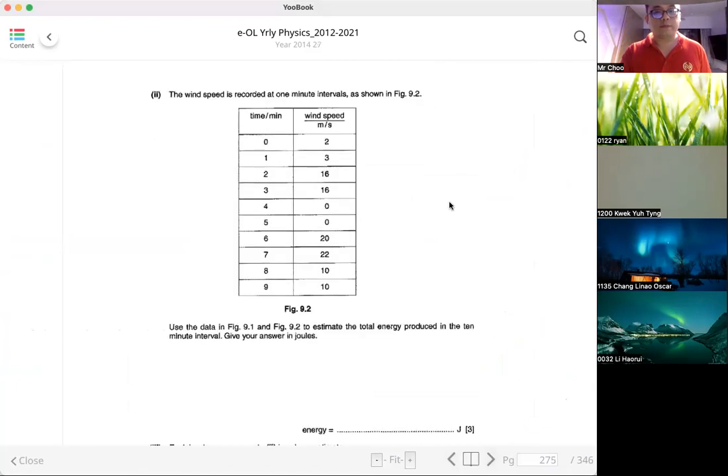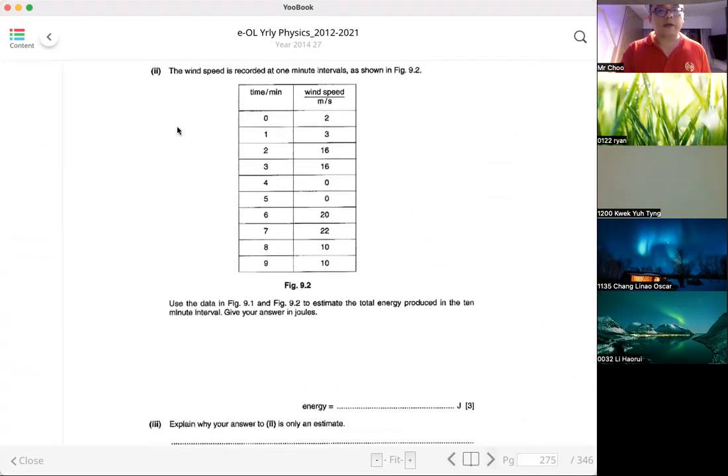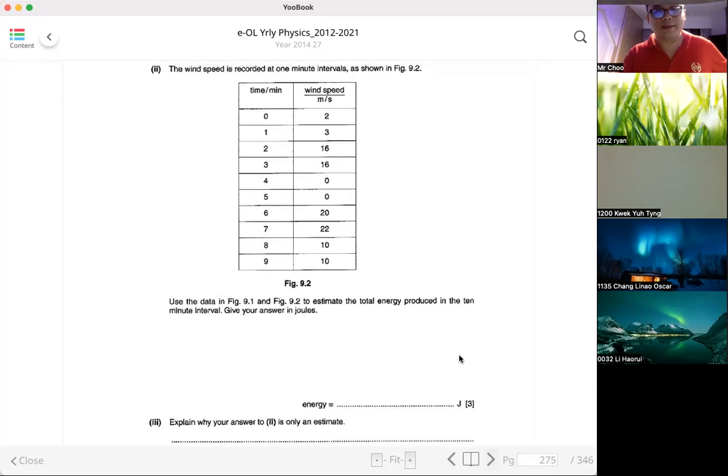Now let's look at this. The wind speed is recorded in 1 minute intervals like this. Use this data to estimate the total energy produced in the 10-minute interval, and then give your answer in joule. Do you all need the graph?